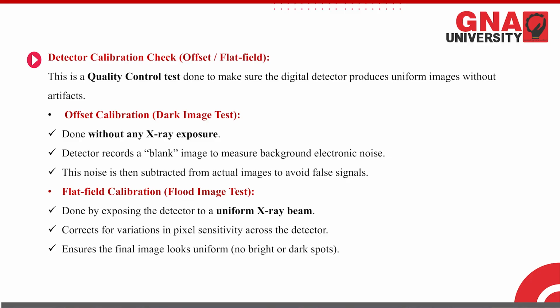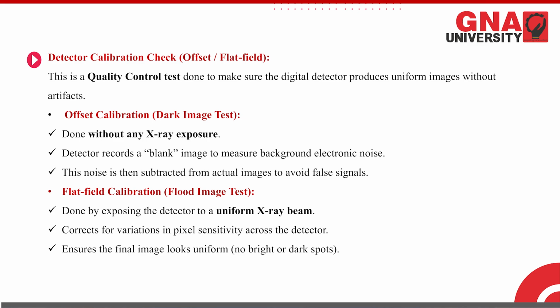And we have two types of detector calibration checks. The first one is offset calibration, and another name for offset calibration is the dark image test. How is this test performed? It is done without any X-ray exposure.